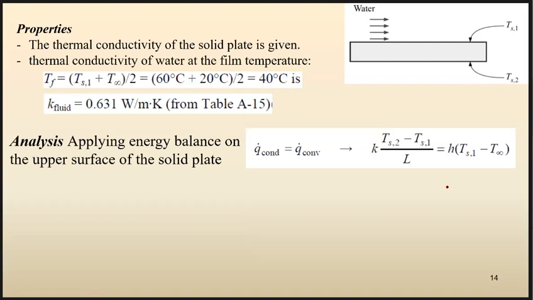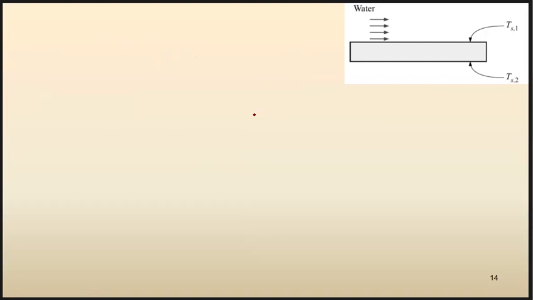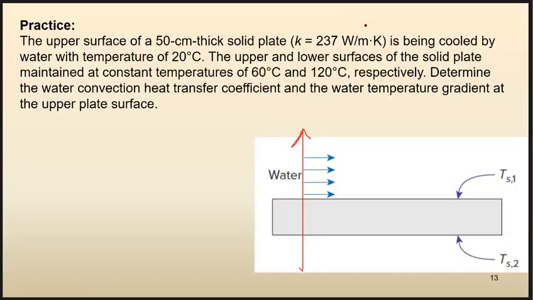So if we focus at the surface here, the lower temperature is 120 and the upper surface temperature is 60. As a result, since the lower temperature is larger than the upper temperature, the flow of thermal energy is from the lower side to the upper side, because naturally heat always transfers from higher temperature to lower temperature. So this is the direction of the flow, right?